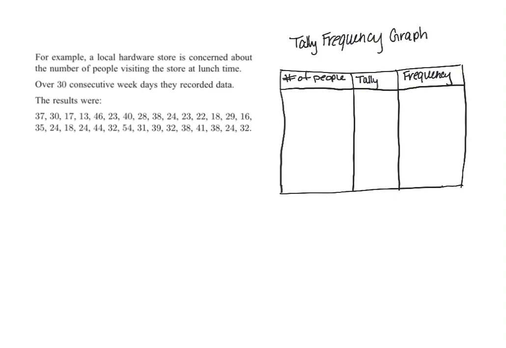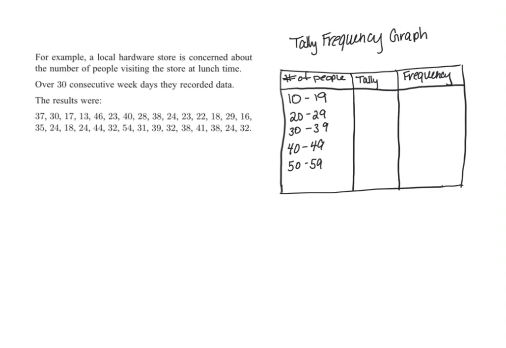In this case, class intervals of length 10 might be most appropriate. So the number of people will be 10 to 19, 20 to 29, and we need to think about our minimum and our maximum here. So 30 to 39, 40 to 49, and then 50 to 59.